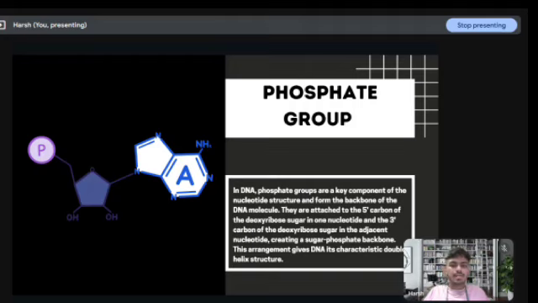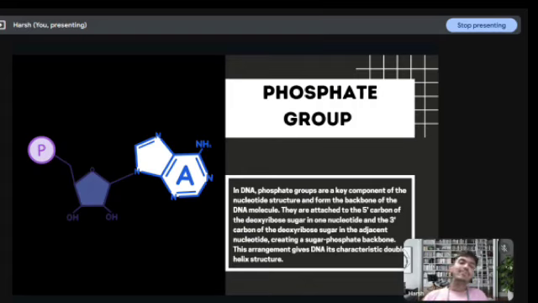So the 3 prime carbon of the deoxyribose sugar in the adjacent nucleotide is going to be present, creating a sugar phosphate backbone. As we can see, both are attached to each other, there is going to be a sugar phosphate interaction forming a sugar phosphate backbone. Now what is this going to actually do?